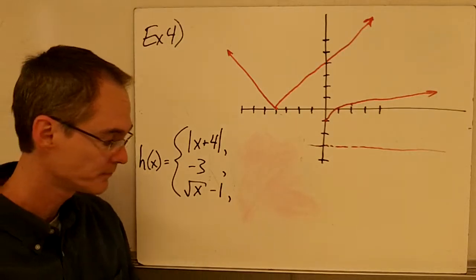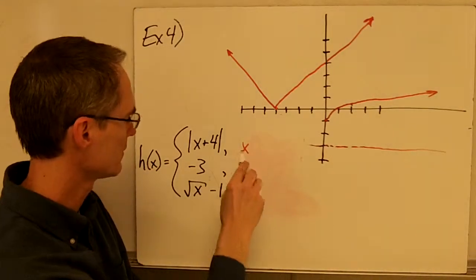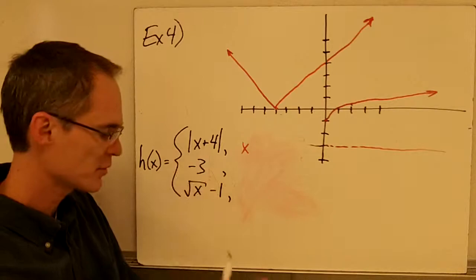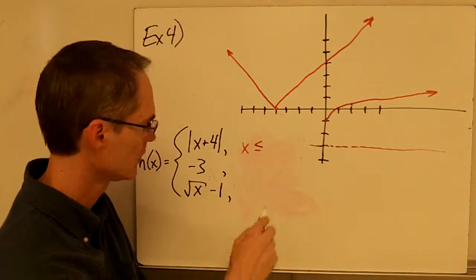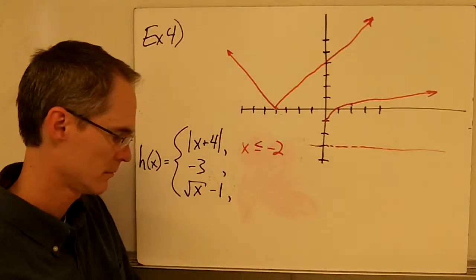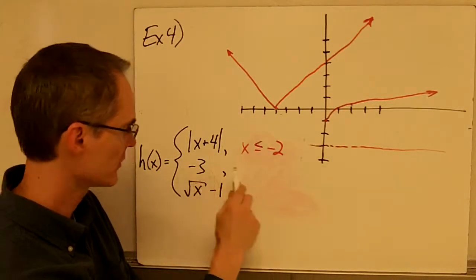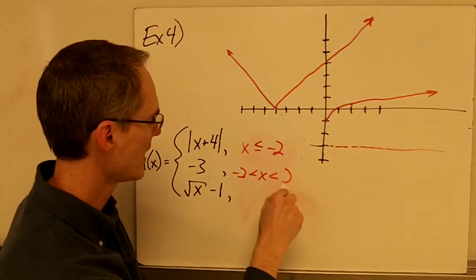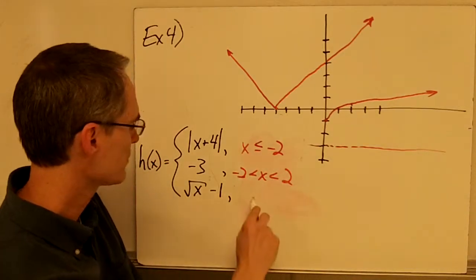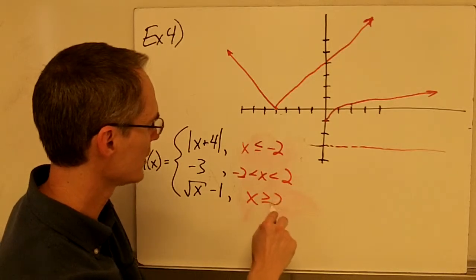All right, so this one is y equals absolute value of x plus 4 when x is less than or equal to negative 2. And it's this part of the function when x is between negative 2 and positive 2. And it's this part of the function when x is greater than or equal to 2.